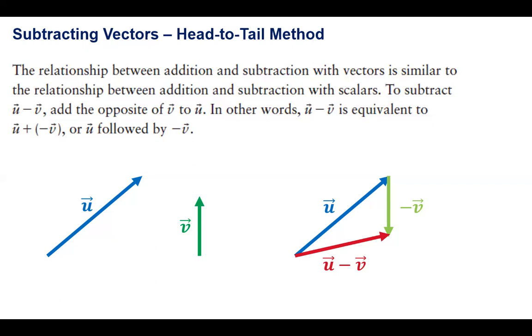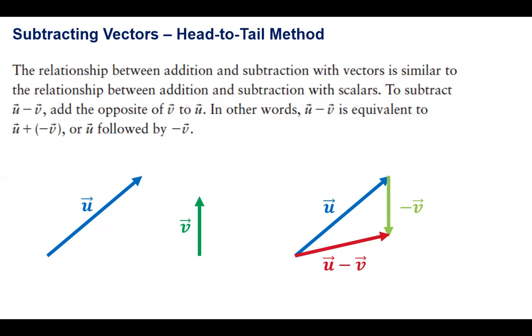To subtract u and v, vector u minus vector v, we can add the opposite of vector v to u. In other words, vector u minus vector v is equivalent to vector u plus negative vector v, or vector u followed by negative vector v.